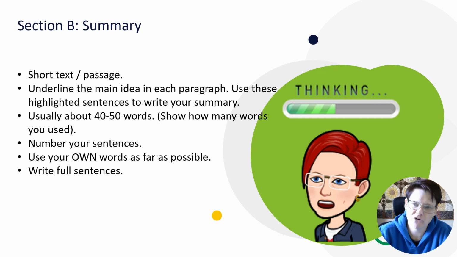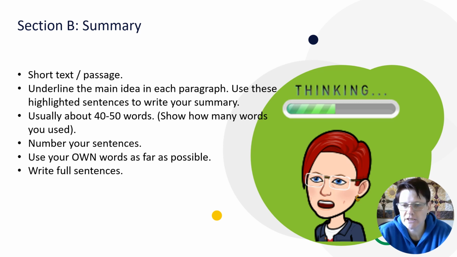Now every paragraph, you know from writing that every paragraph has got a main idea, something that it wants to tell the reader. Okay, so take out the main idea of every numbered paragraph and use these highlighted sentences to write your summary.